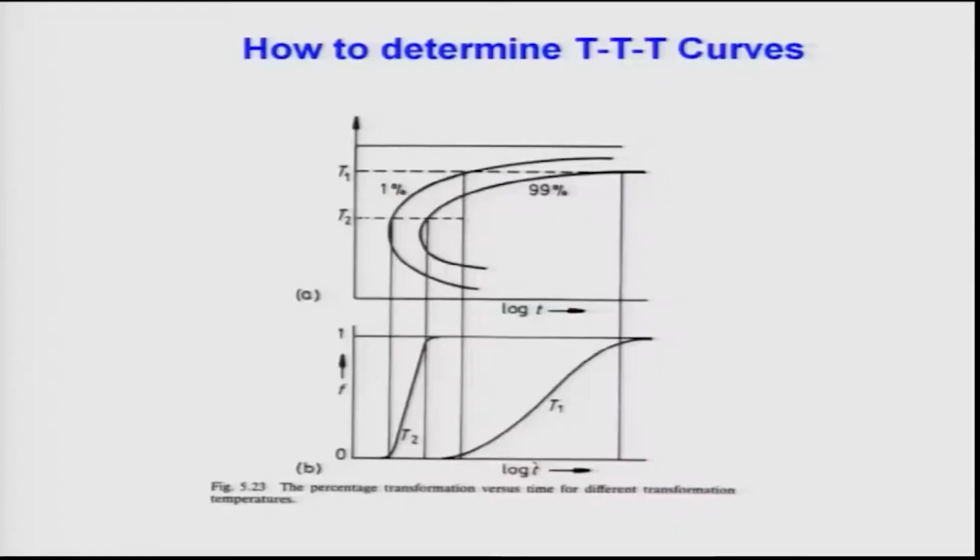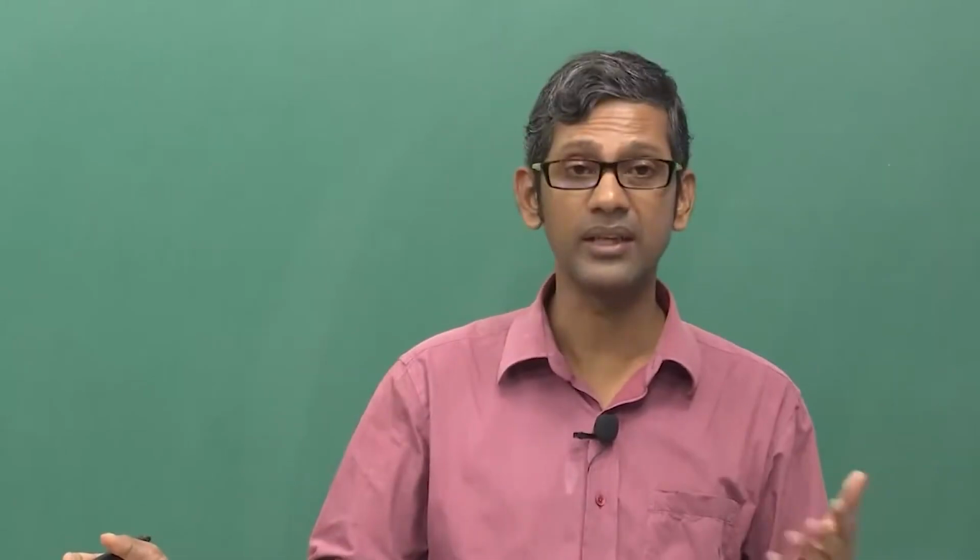As you see here, if I measure the fraction transformed as a function of time, it will look like such a curve, an S-shaped curve. Obviously, the transformation at any temperature will start after a certain time. That is indeed the case for diffusional transformations, because diffusion requires time; that is the main reason.